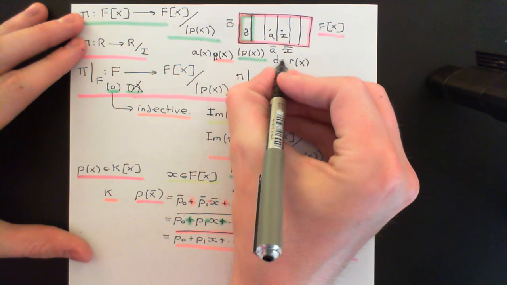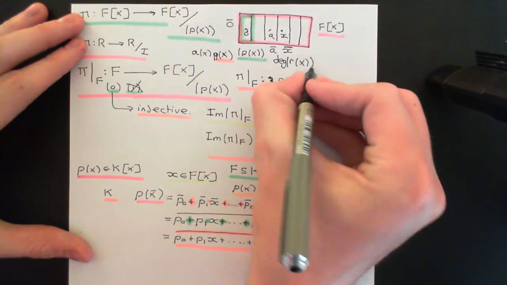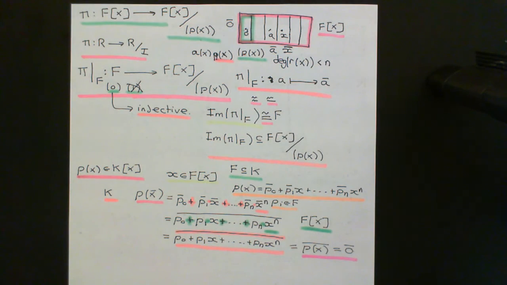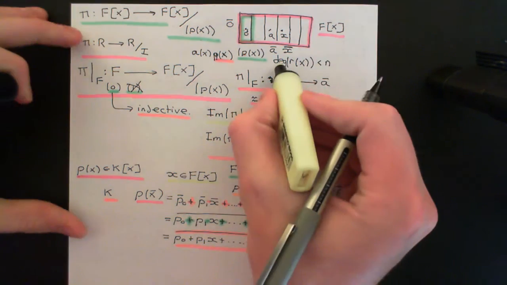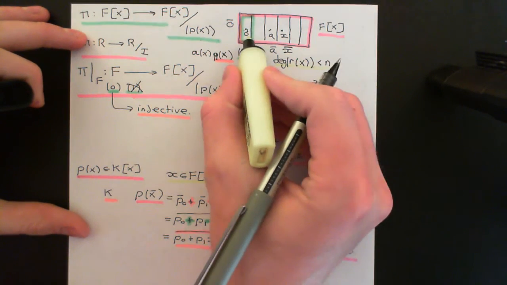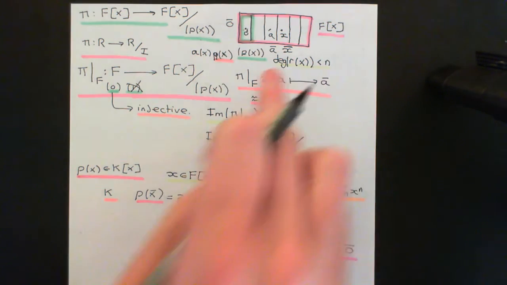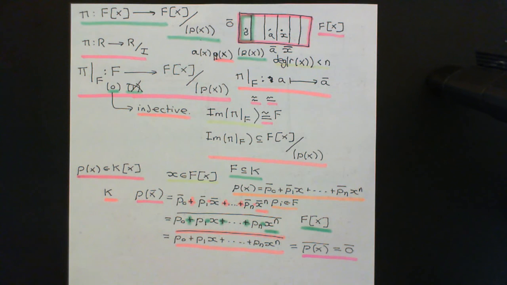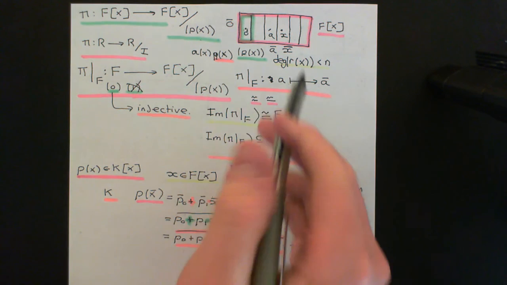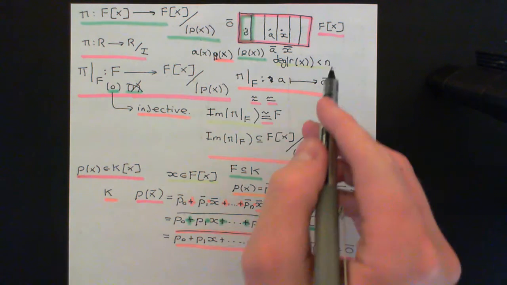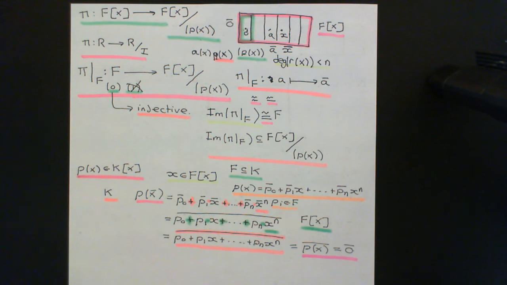So the degree of my polynomial r of x will be strictly less than n. This is my claim that all of these cosets will absolutely always contain a polynomial which I'll call r of x, which has degree strictly less than the degree of the polynomial which we use to generate this principal ideal, which we quotiented out by. So strictly less than n here.